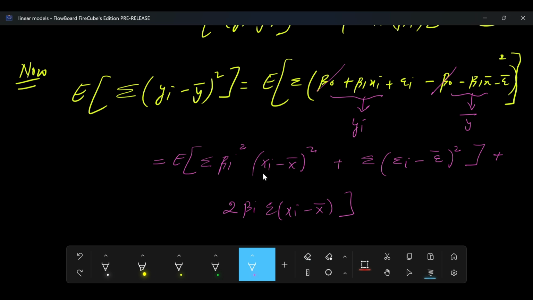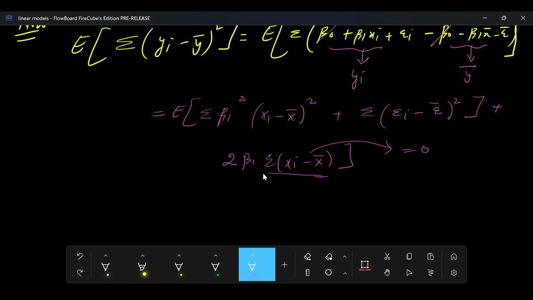As you know, whenever we take the deviation from the mean, the sum is equal to 0. This is not the sum of squares, this is mean deviation about the mean, so this will be equal to 0. Check FMS, descriptive statistics chapter, there you will find this.